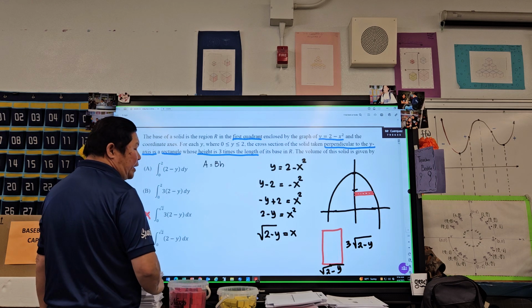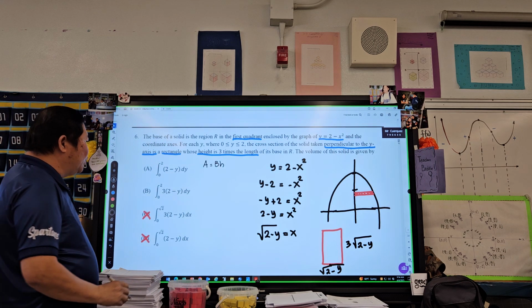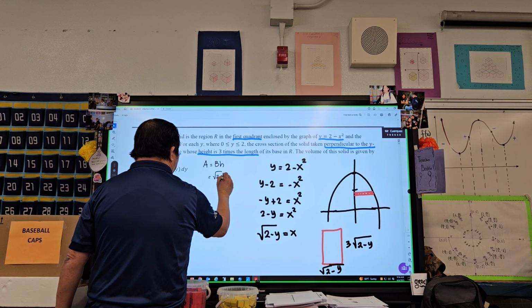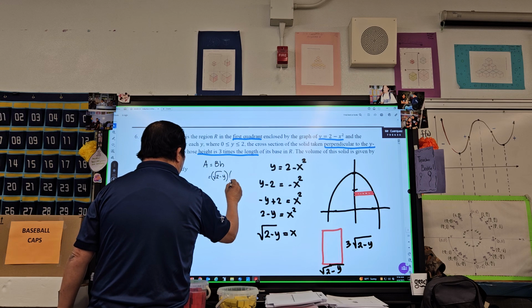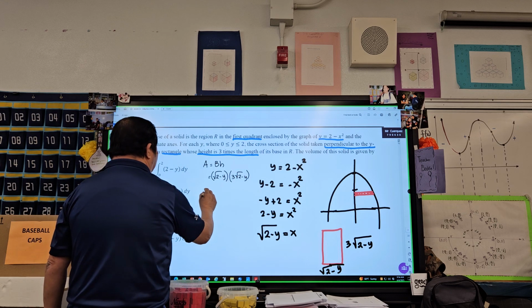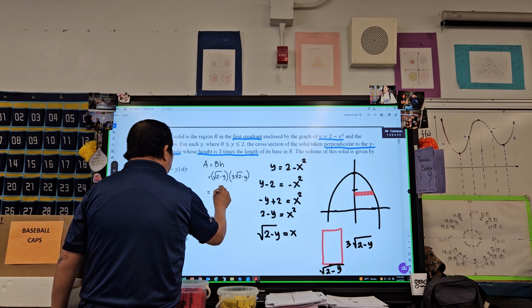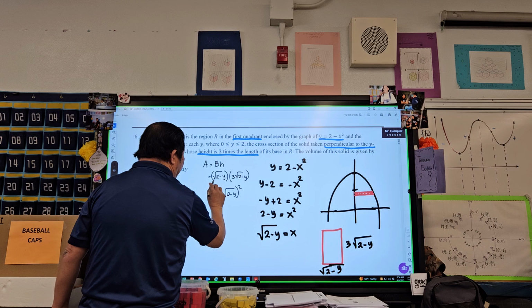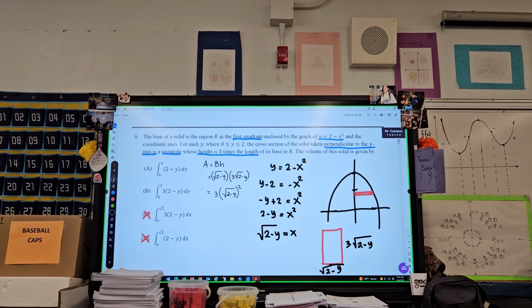The base, which is square root of 2 minus y, times the height, which is 3 times square root of 2 minus y. Okay, and can this be rewritten into 3 times square root of 2 minus y squared? Because there are 2 square root of 2 minus y.